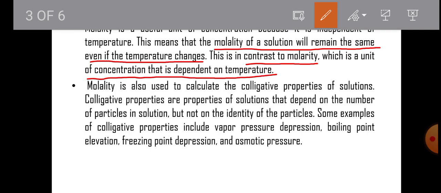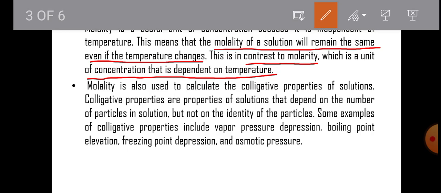You can write this as a difference between molarity and molality. Even if the temperature changes, there won't be any change in the molality of the solution, whereas molarity is dependent on the temperature of the solvent, I mean the solution.